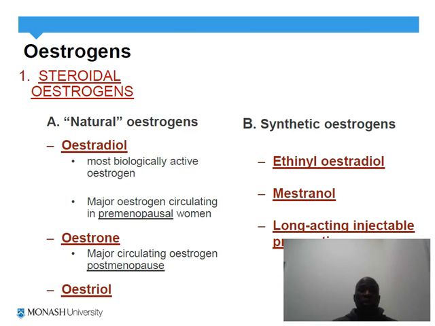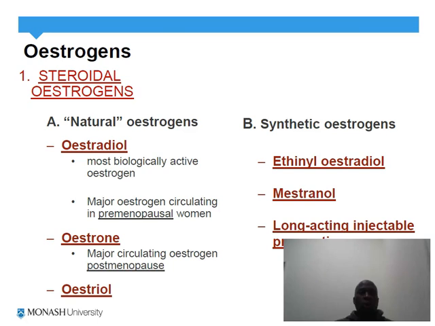Natural estrogens such as estradiol are the most biologically active estrogens, and the major type of estrogen circulating in premenopausal women. So this is the most predominant estrogen in premenopausal women. We also have estrone, which is a major circulating estrogen post-menopause. And then lastly, in the category of natural estrogen is estriol.